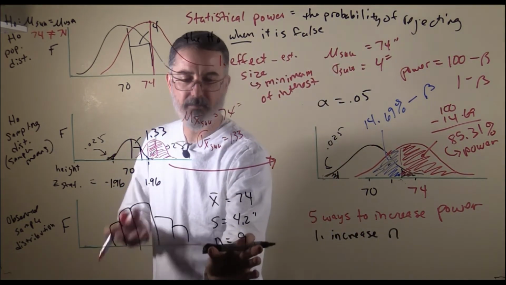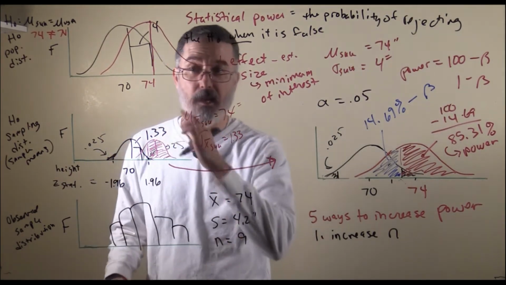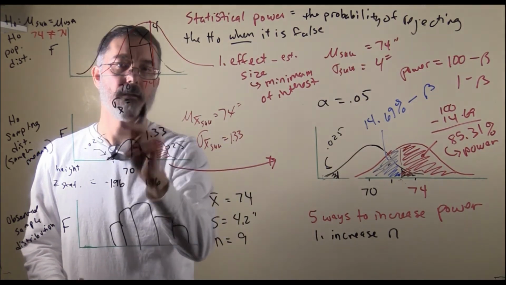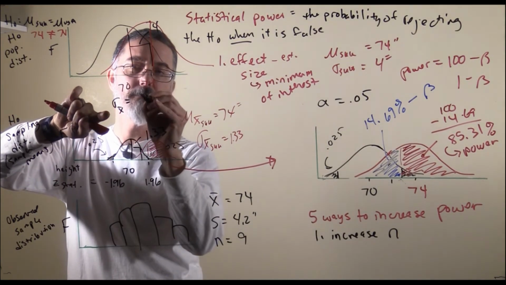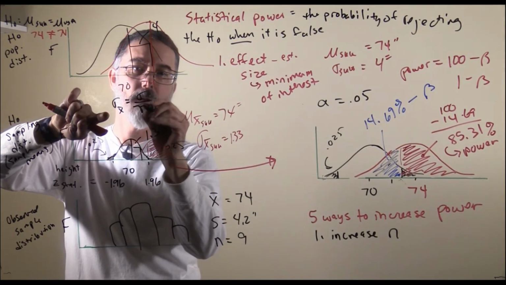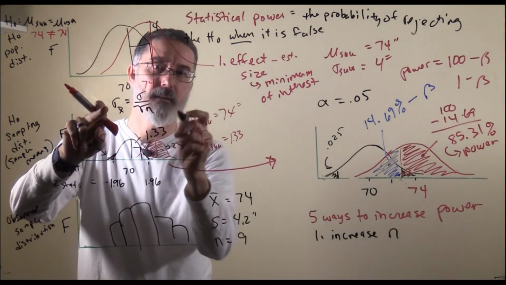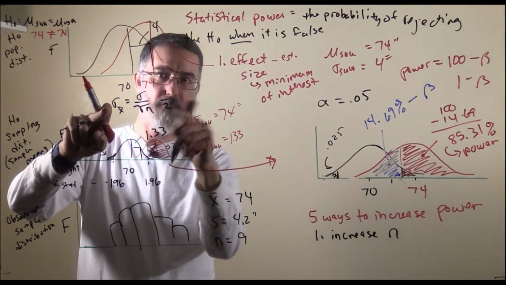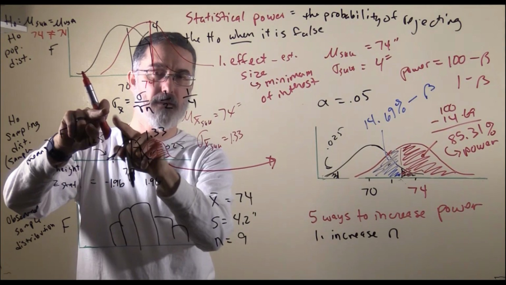So here we had a sample size of 9, but if you increase your sample size, you increase your statistical power, because sample size is part of the formula for how wide the sampling distributions are. The larger your sample size, the smaller your standard error. So if you have a 2 on the bottom, you'll end up with a half, but if you increase the number on the bottom, you end up with a smaller resulting number.